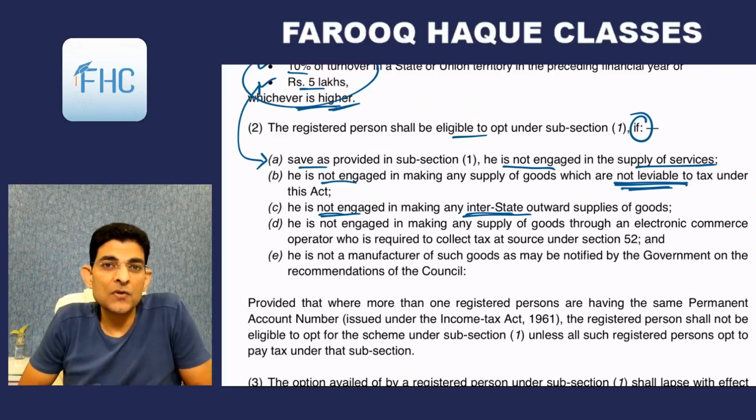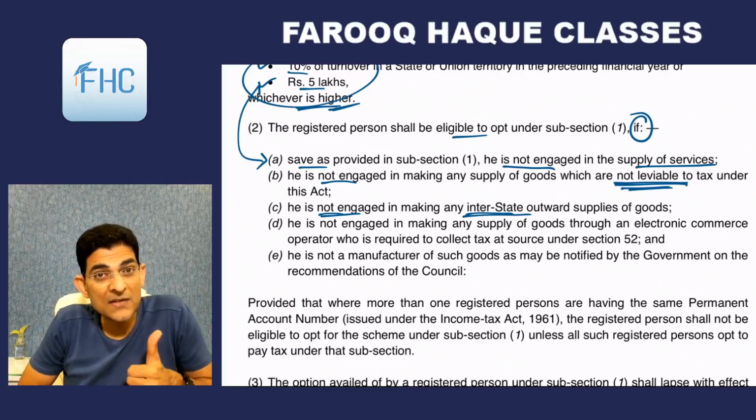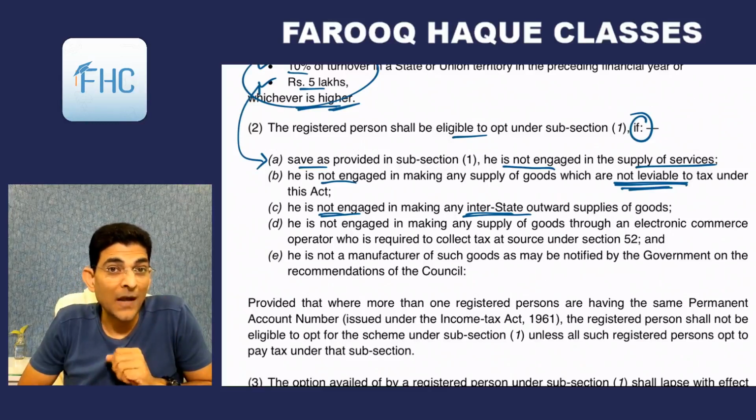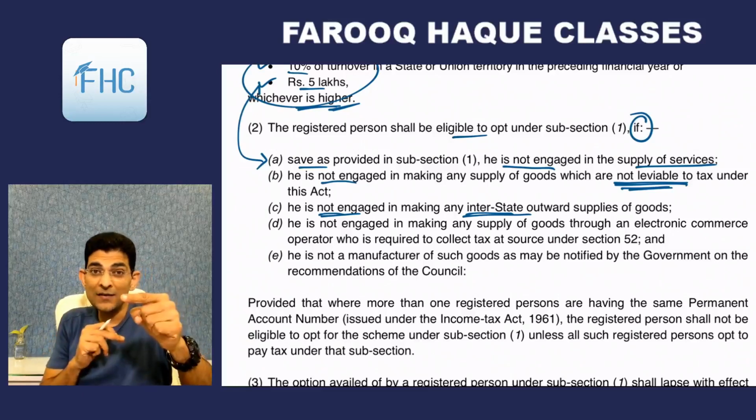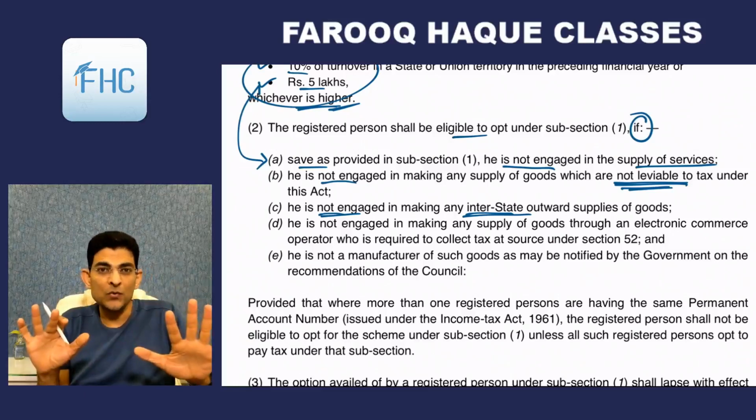Intrastate Maharashtra, intrastate Sikkim, intrastate West Bengal, intrastate Delhi. They are all intrastate. I have multiple branches in multiple states, but all of them sell intrastate. Then yes, I can opt for composition scheme. I am allowed. But if I make interstate, then I am not allowed.